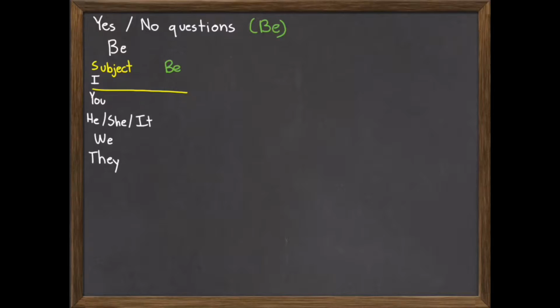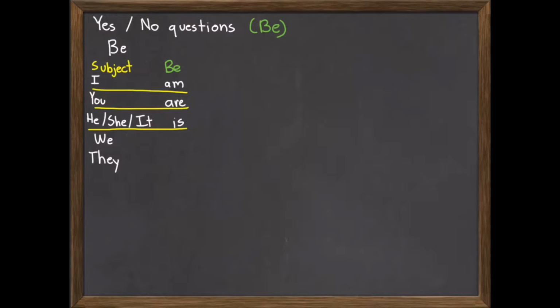For I, it would be am. I am. For you, it would be you are. You are. For he, she, or it would be is.